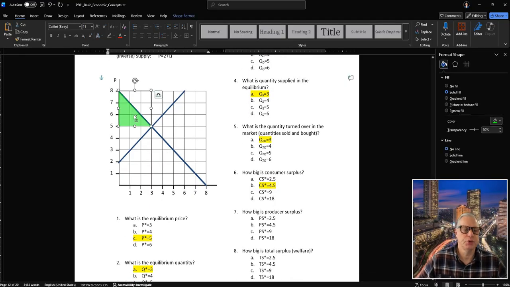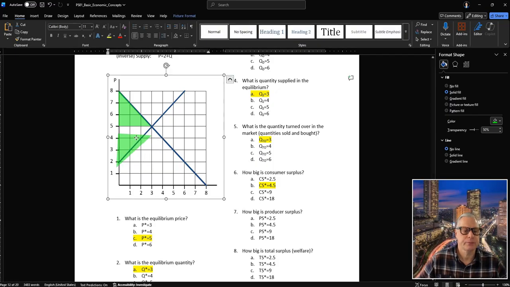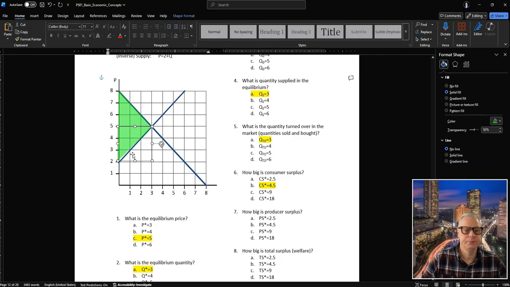How big is producer surplus? Well, producer surplus is now this area. And let's make that blue.